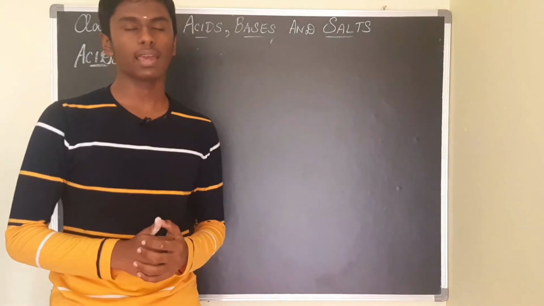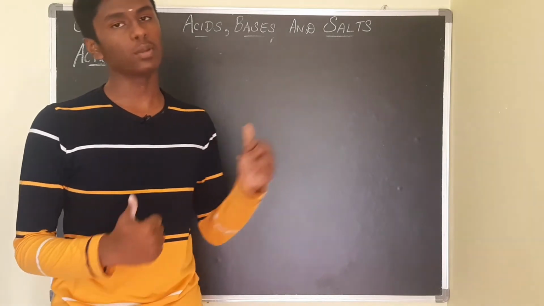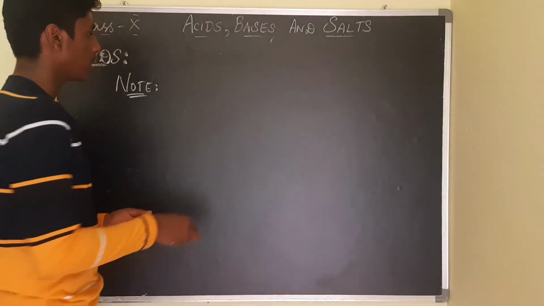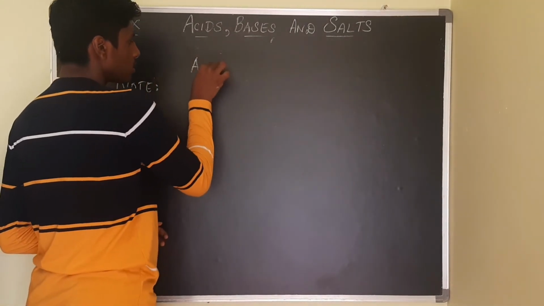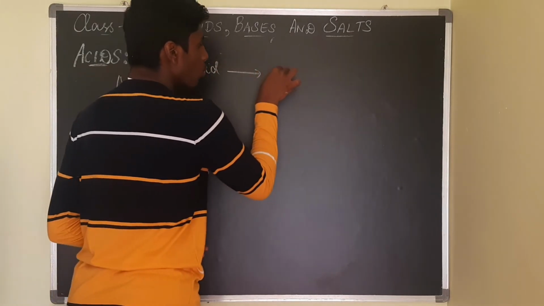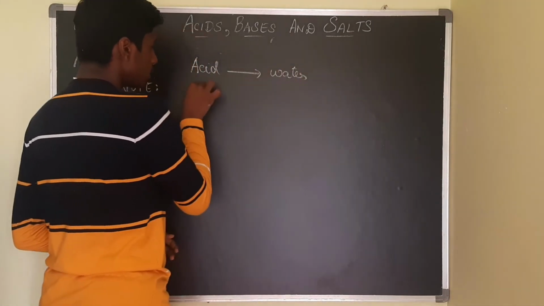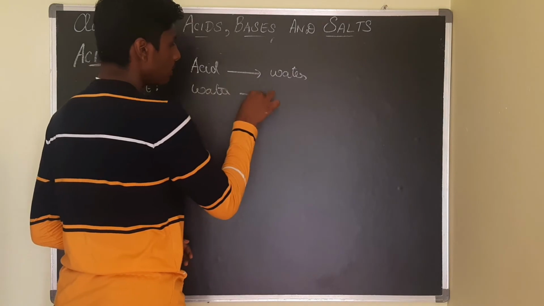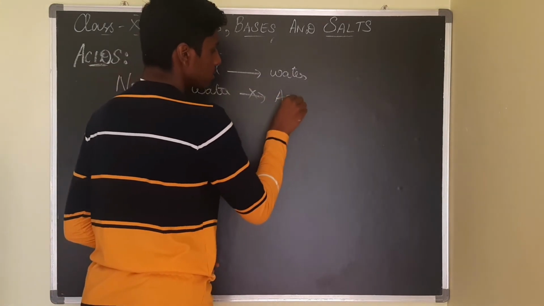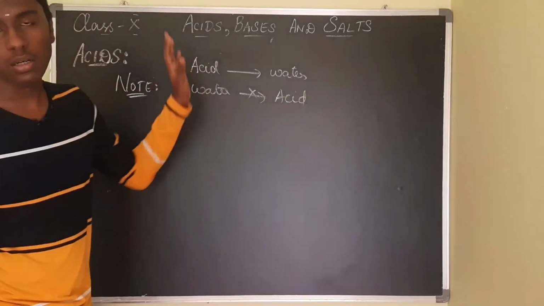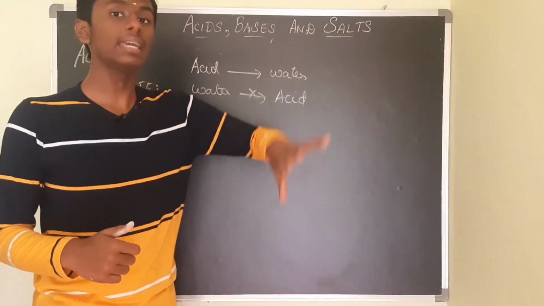So now we are at the end of the session. Let's complete with the note point. That is nothing but the acid should be added to the water. Water should not be added to the acid. If we add water to the acid, it will be highly exothermic. Exothermic means heat will be evolved.